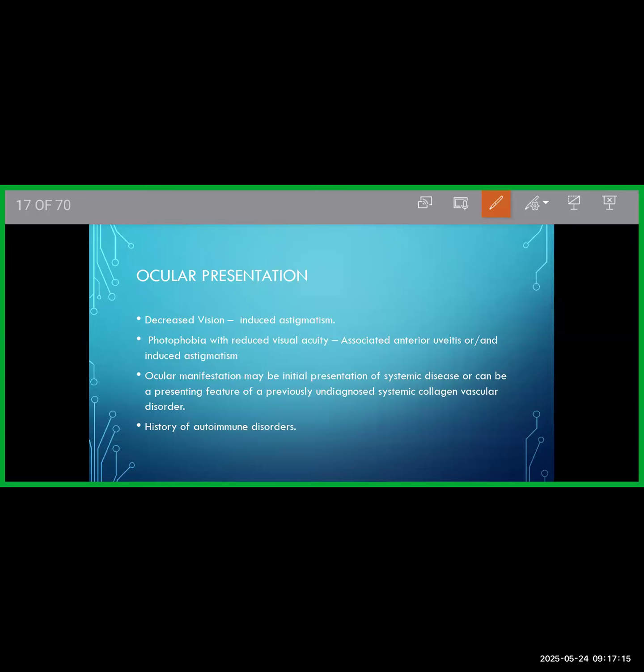So, as ophthalmologists, once we see a patient with this condition, we will invite the rheumatologist to review. And the patient may also present with features of the autoimmune disorder for those that have established systemic disease.